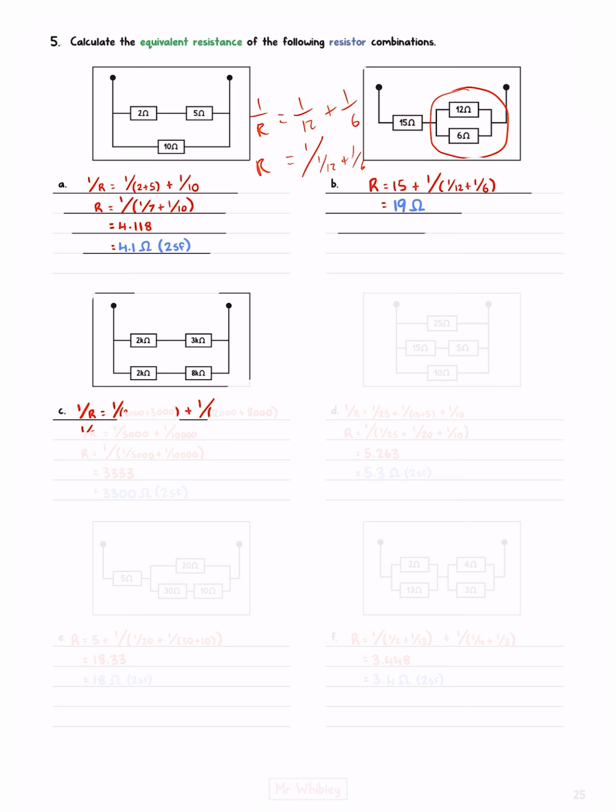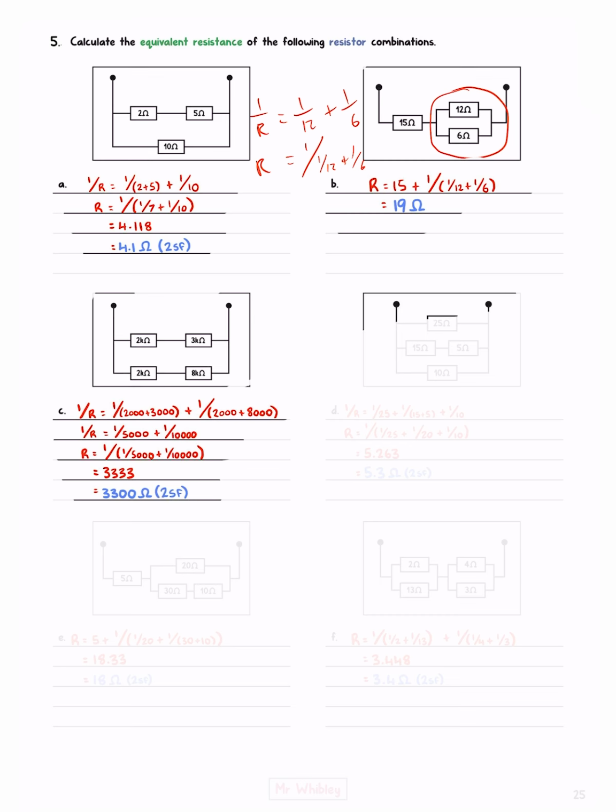The first branch has our 2000 and our 3000 in series, and so these resistances add together, and the second branch has our 2000 and 8000, and because they're once again in series, they once again add together, which gives us 1 over 5000 plus 1 over 10,000. Taking the inverse of both sides gives me 3333, or 3300 ohms to two significant figures.